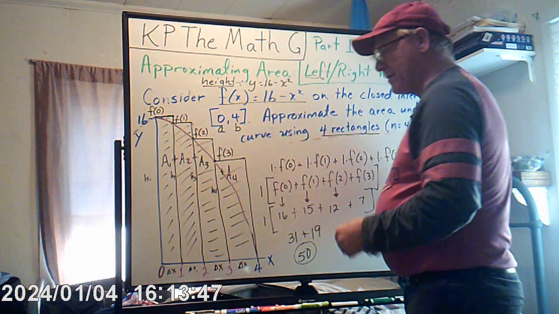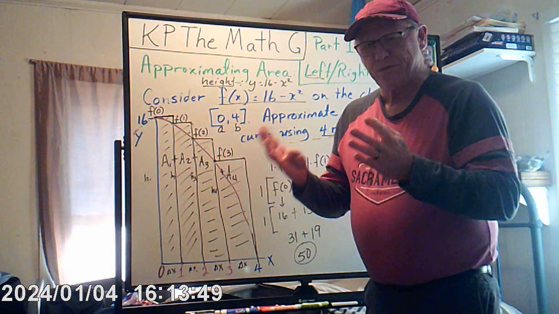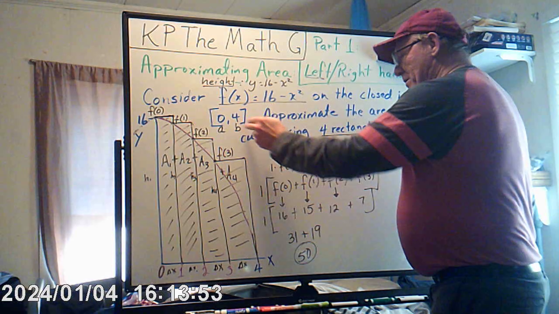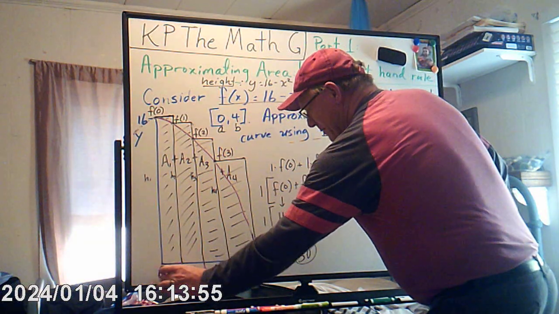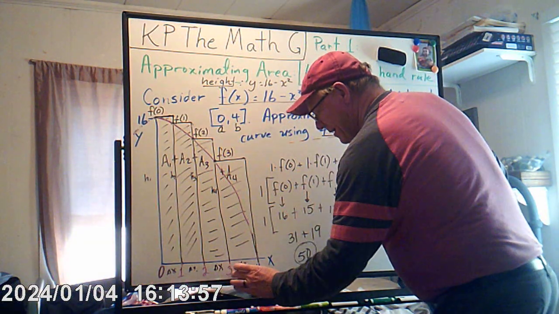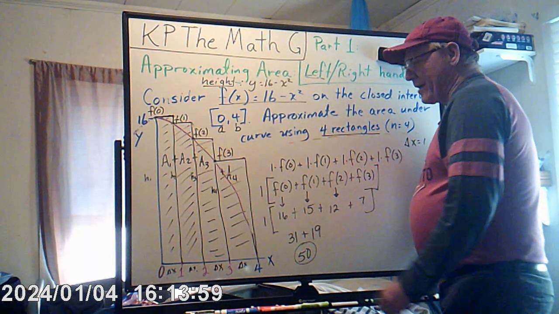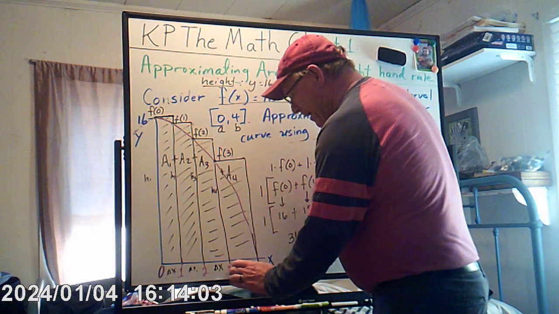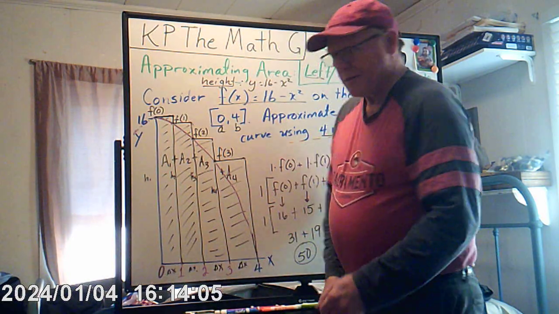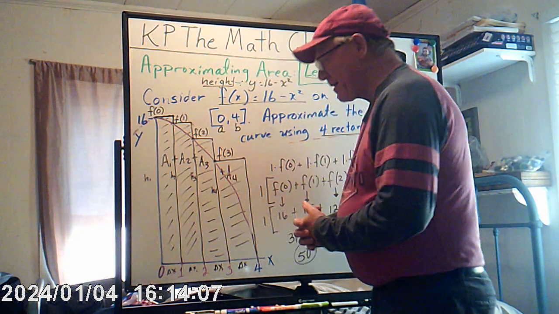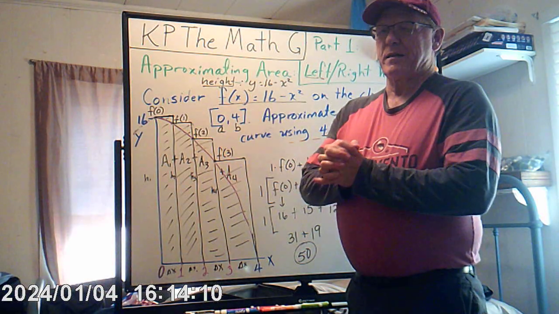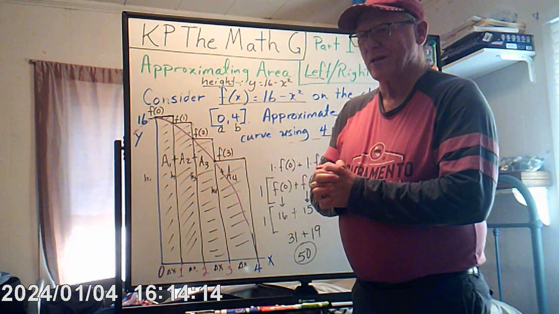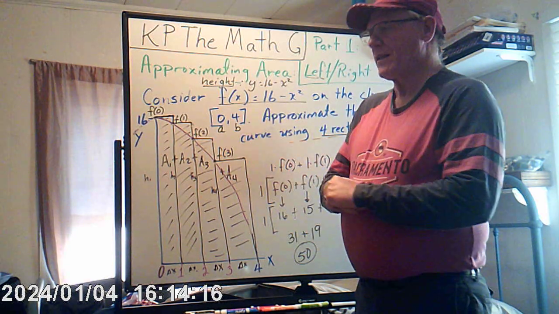We wanted 4 rectangles, n equals 4, so 4 over 4 is 1, so delta x is 1, and each rectangle is supposed to be the same width. I'm terrible at drawing anything close to scale, but you have the idea.